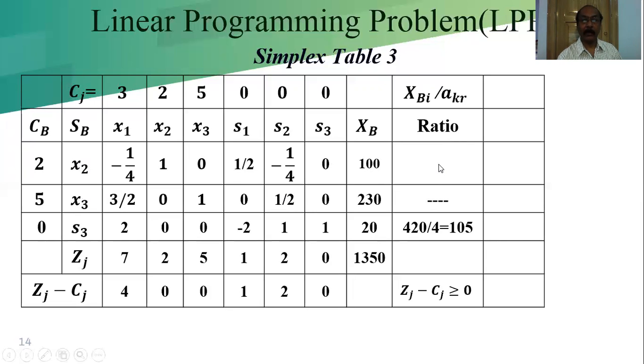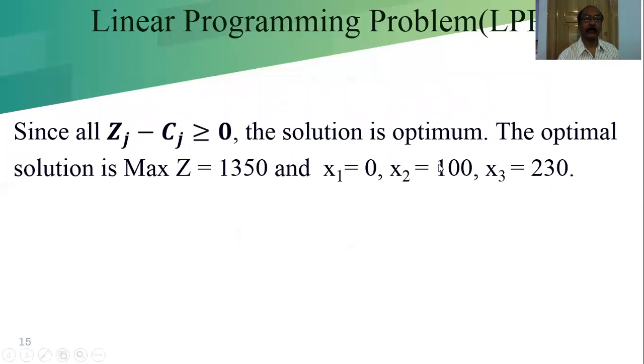And optimum value is 1350. Since all Zj minus Cj greater than or equal to 0, the solution is optimum. The optimum solution is max Z equal to 1350 and x1 equal to 0, x2 is equal to 100, x3 is equal to 230. This is the solution of that given LPP by using the simplex method.